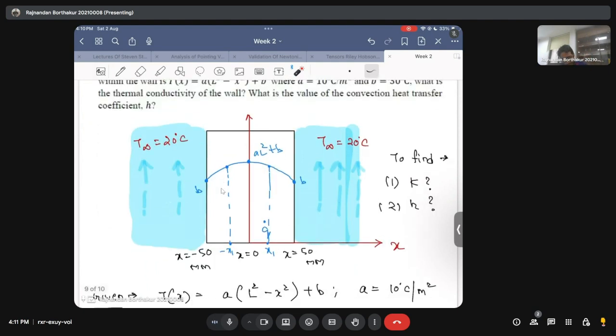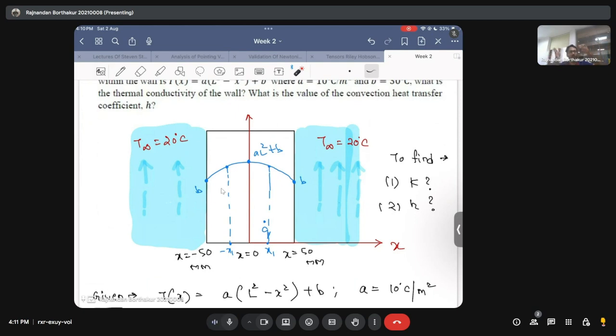Because there is a heat generation taking place inside the slab. What this heat generation implies is that it will generate the maximum heat inside the slab, and since there is a cooling fluid that is convectively cooling the slab from its sides, your temperature would decrease when you move along the edges of the slab.